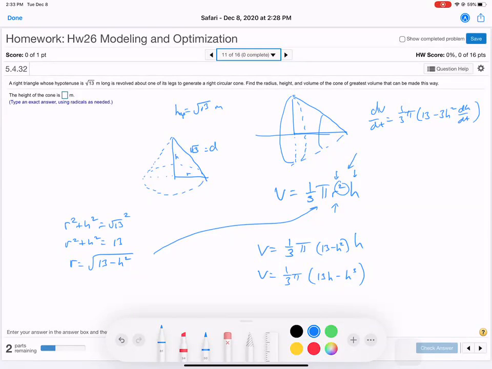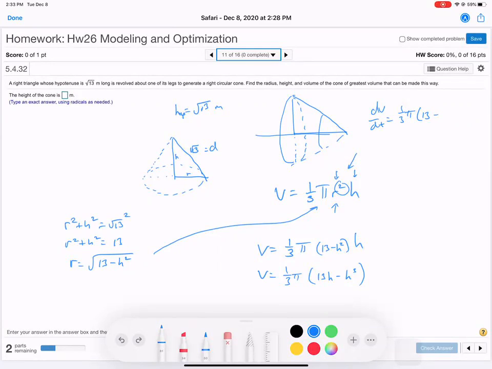Wait, would we take... would we use a rate? This isn't a rate problem though. So we're not going to use dt. Let's use it in reference to dh.